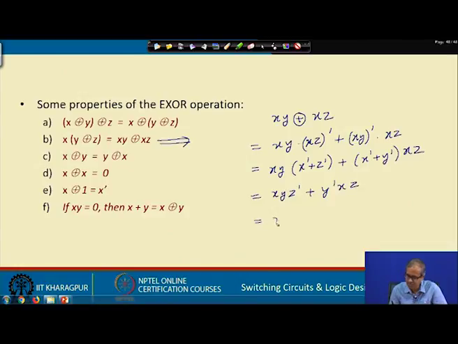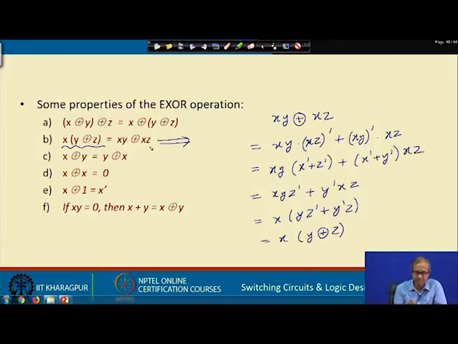If you take x common, y z bar or y bar z, which is nothing but the exclusive OR of y and z. This is on the left hand side. So, you see that XOR and AND distribute over each other. So, as if you have an AND and XOR, you can multiply as if xy XOR xz, you can do this, right.